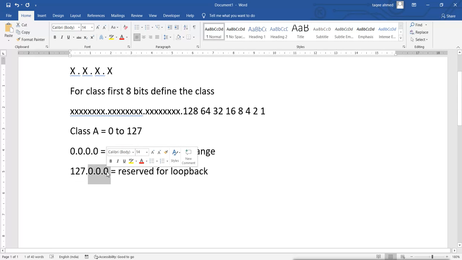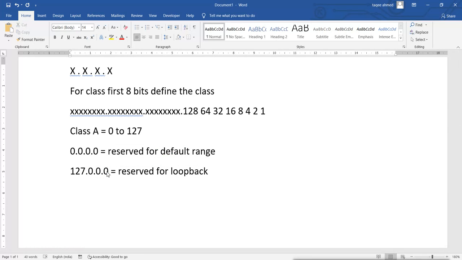So all those IPs, the whole range, is what? Reserved. We can't use it. Reserved for the purpose.